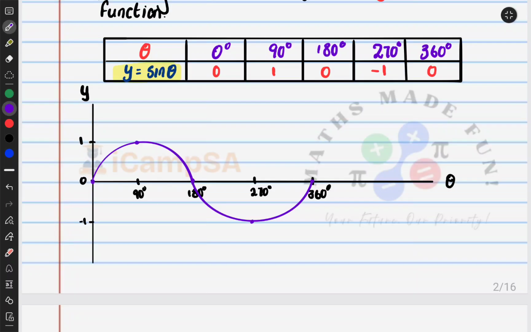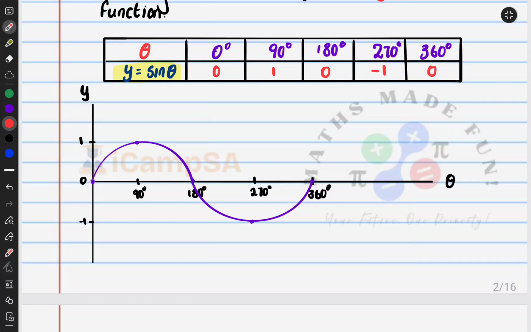With a trigonometric function, once we reach 360 degrees, if we were to plot our function beyond 360, you would see the function start repeating the same shape again.